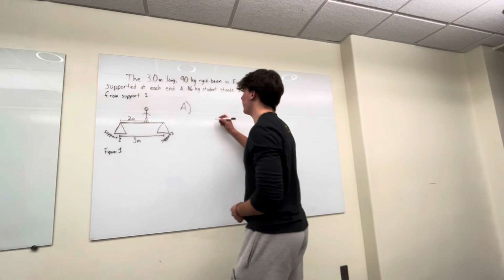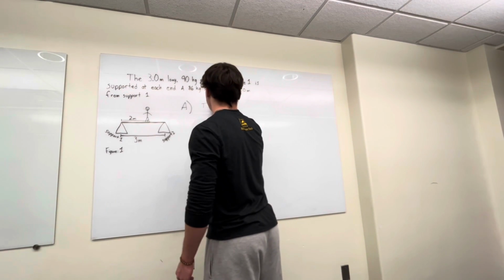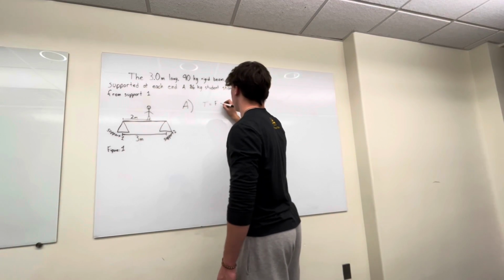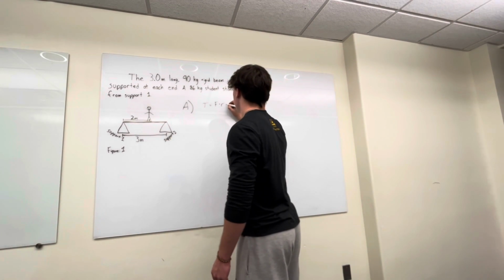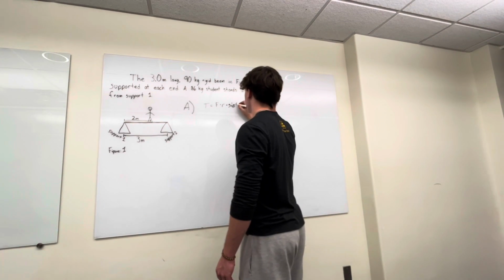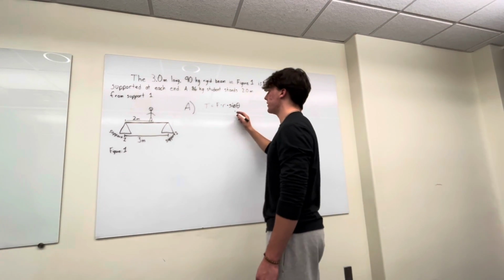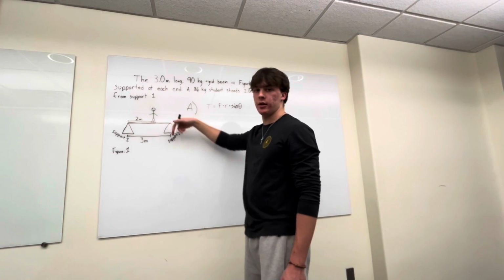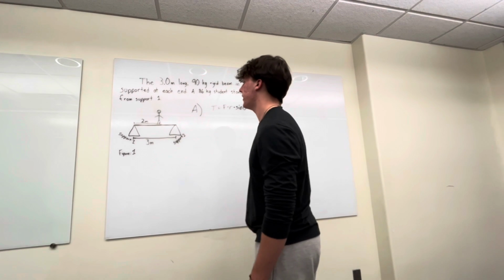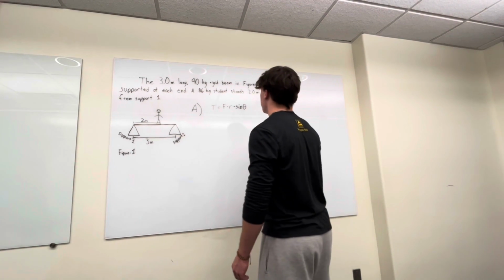All right, so keeping in mind that the torque is equal to the force times the radius times the sine of theta, making sure that it is the force that is perpendicular to the radius around the pivot.